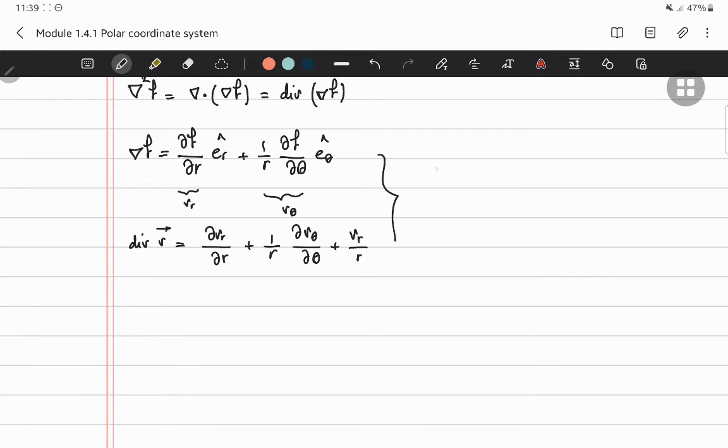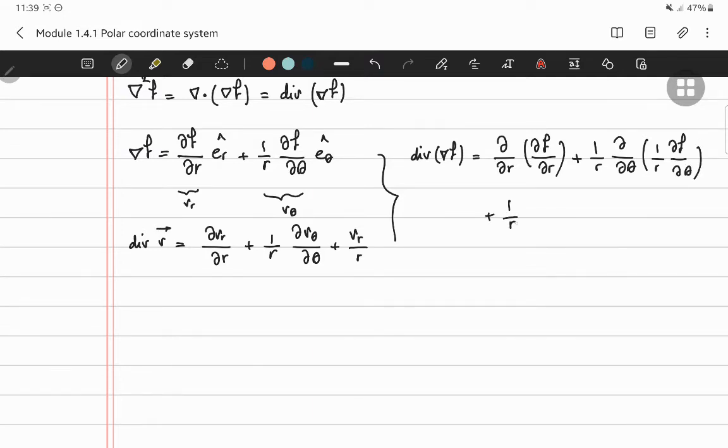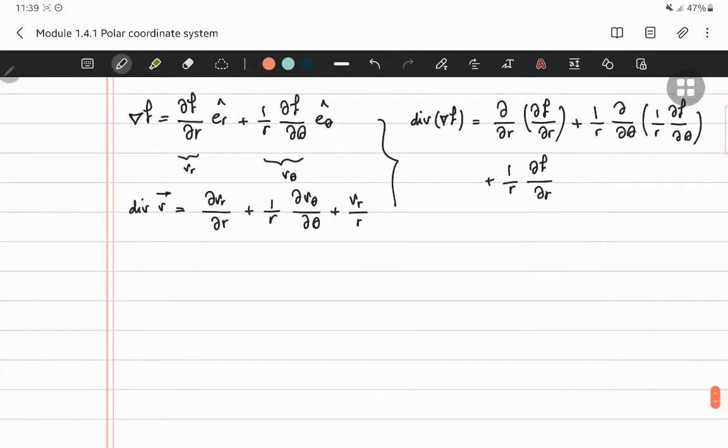So based on this, the divergence of del f is equal to the partial derivative of V_r, which is this, f with respect to r, plus 1 divided by r, partial derivative of V_theta, which is 1 over r f theta, plus 1 divided by r V_r, which is this. Perfect. We need to further simplify this.